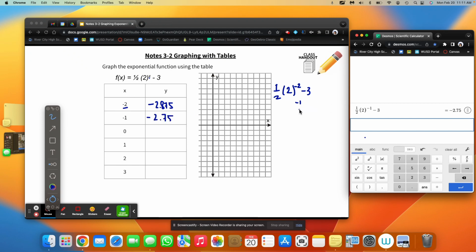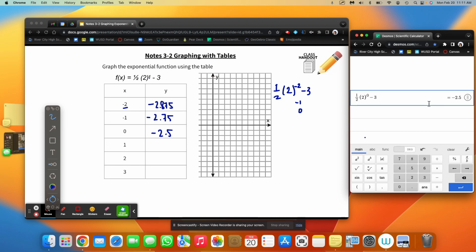Okay, now we're going to plug in 0 as the exponent. Again, we could just change this to a 0. That's negative 2.5. I actually don't need to be pressing enter each time. Then we're going to change this to 1.